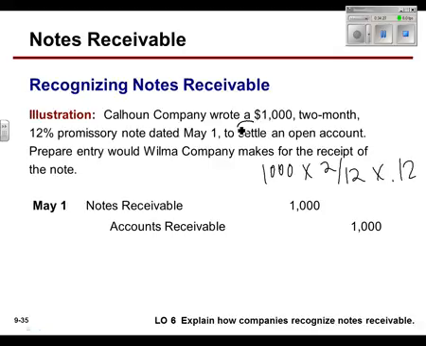The words to settle an open account means basically Wilma couldn't pay their AR.